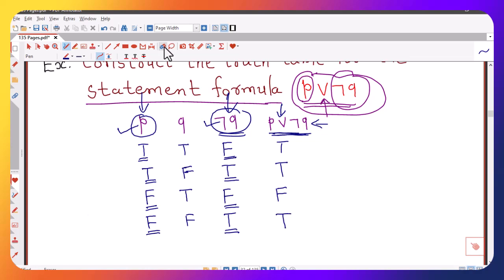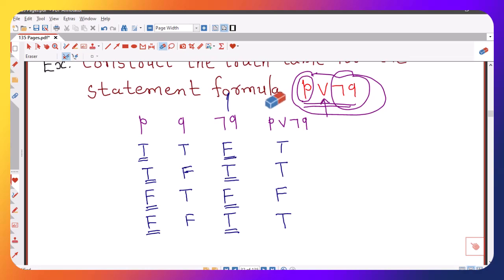So it is very easy to write down the truth table for a given compound statement or for a given statement formula. All we have to remember is the definition of connectives, and we can write this systematically as a table.